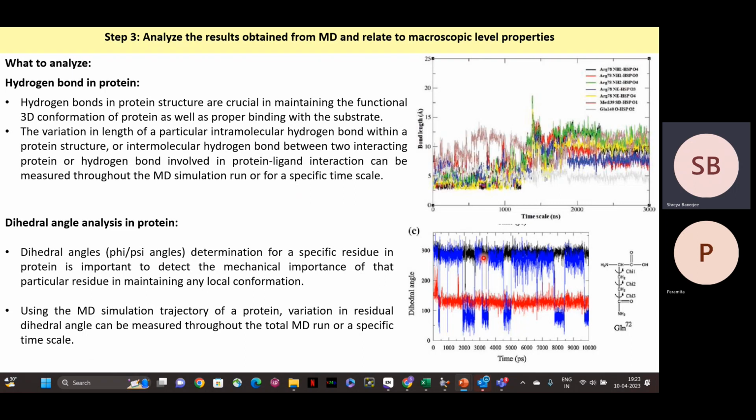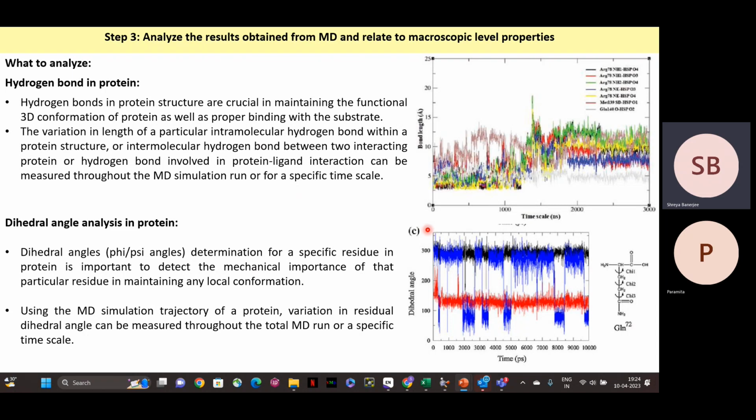You can see the red and the black, which are the first two dihedral angles, are more or less constant throughout. That means in order to maintain the conformation of the protein, these two dihedral angles are very crucial. But the blue, which is the third dihedral angle, is changing with time.